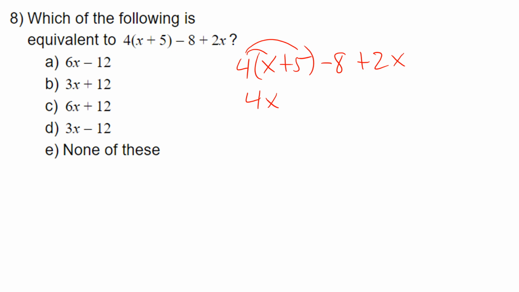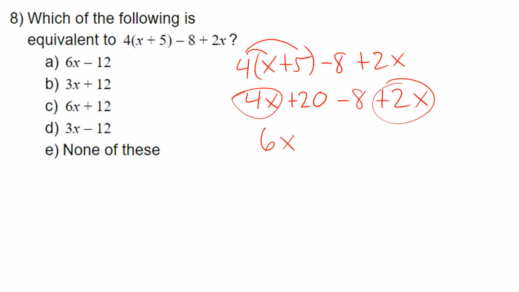That's 4x plus 20, because you got to multiply the 4 by everything, minus 8 plus 2x. And I'll combine my like terms. 4 plus 2 is 6x. And then I'll do 20 minus 8. Well, that's 12. 6x plus 12. That is C.